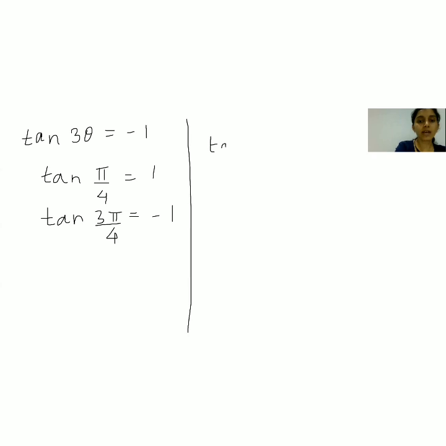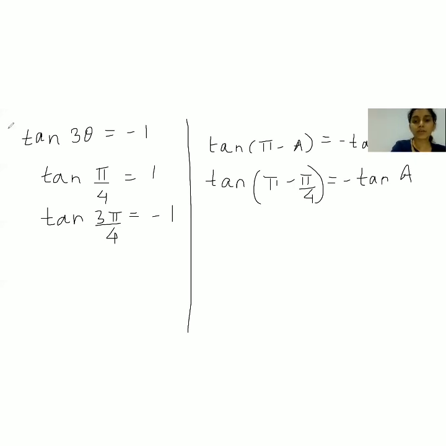Now, how do we get this as 3 pi by 4? So we know that tan of pi minus a is equal to minus tan a. Okay, so instead of a, we will put pi by 4.